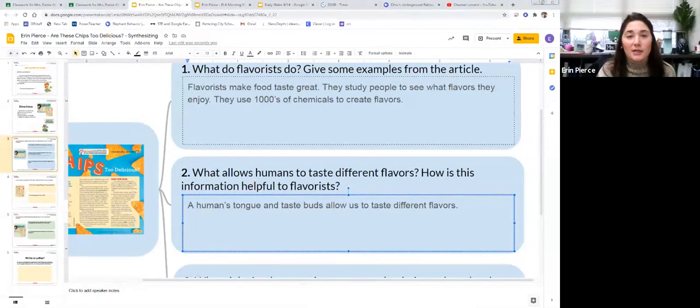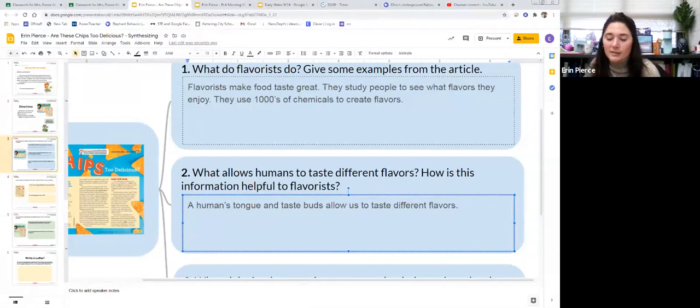Why is this information important to others? Or helpful to flavorists, I should say. It can take several years to perfect a new taste.